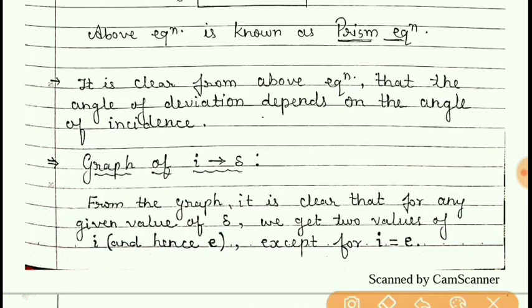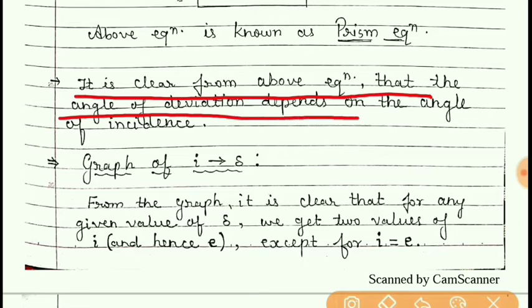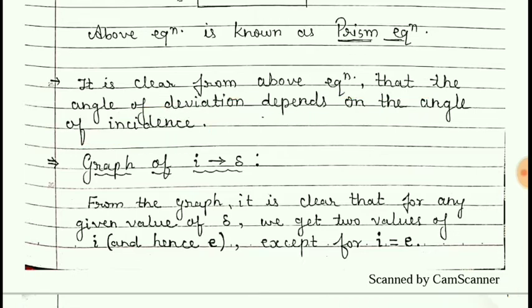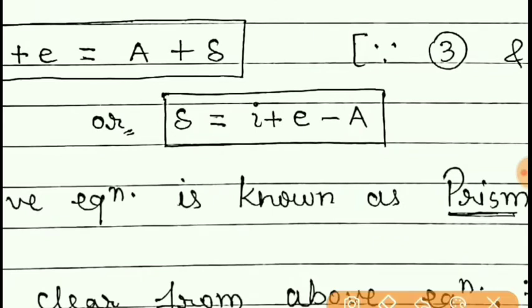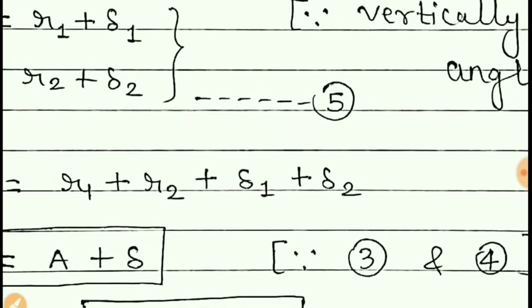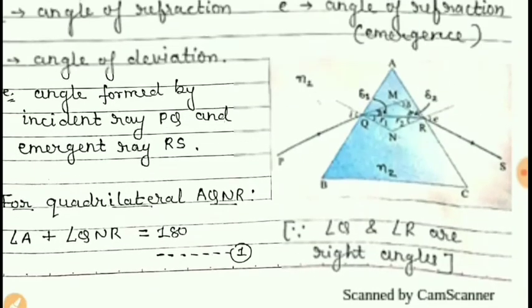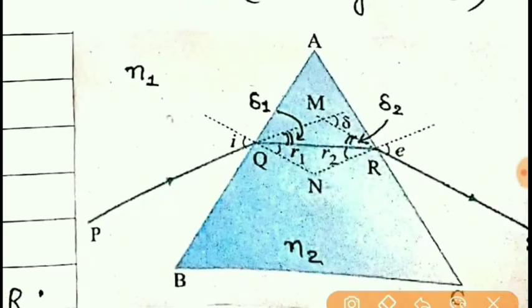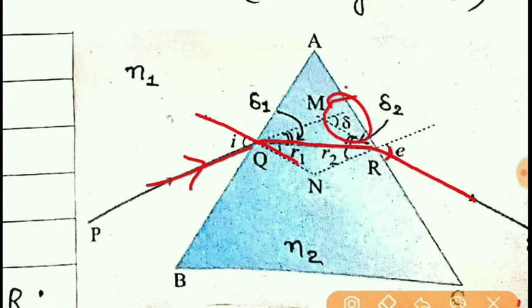Students, it is clear from the above equation that the angle of deviation depends on the angle of incident. You can see deviation, and here it is I. If you change I, then delta also changes. From the figure also, you can easily predict that if you change this angle of incident, then this angle E will also change, and this angle delta will also change.